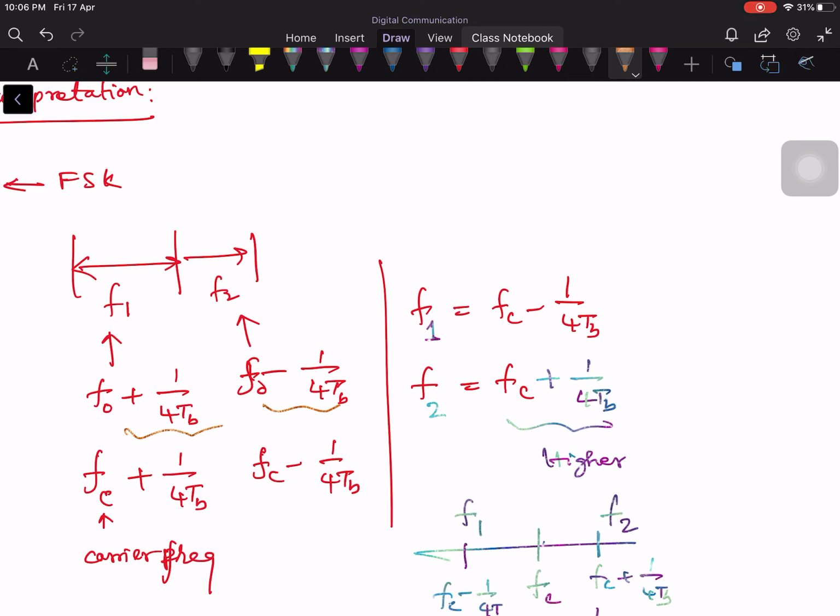The minimum separation between these two frequencies should be 1 over 2 TB, where TB is the duration of your waveform.